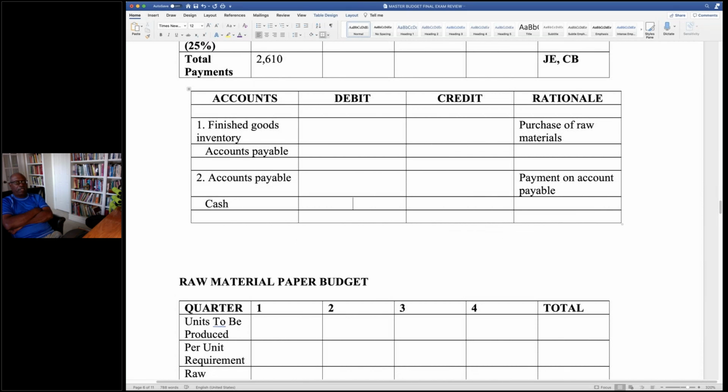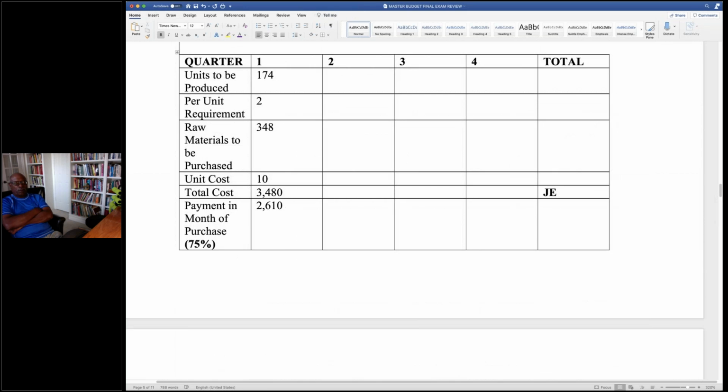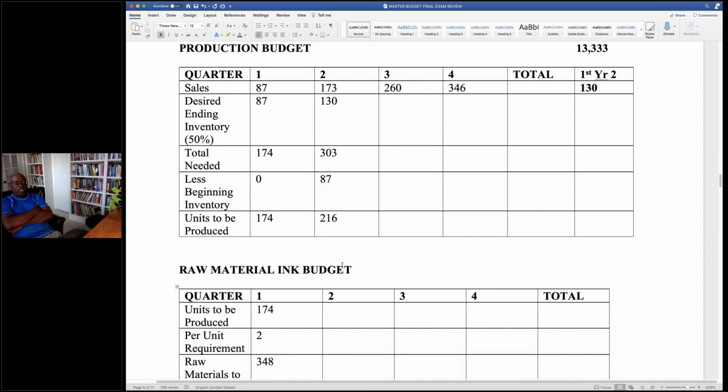Now we're here. Started from the bottom, go back up to the end. Okay, you're in the second quarter. What's going to be on that line? $216. And my assumption is still 2.